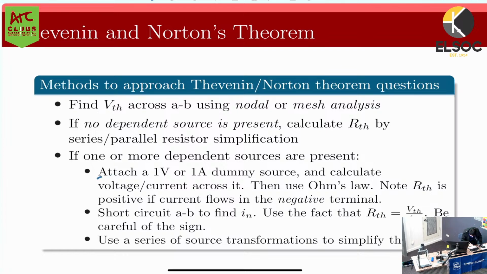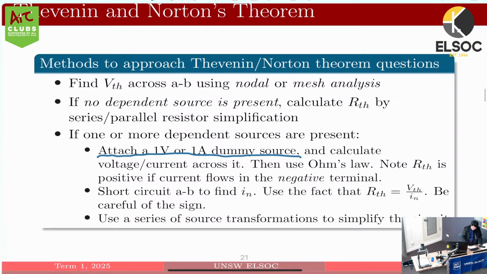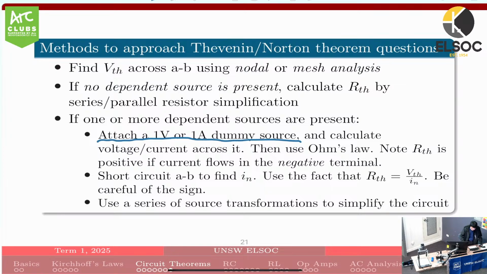The first method is to attach a 1 volt or 1 amp dummy source across the terminals AB of interest. If we attach a voltage source, we find the current, and if a current source is attached, we find the voltage, and then use V equals IR to find RTH.